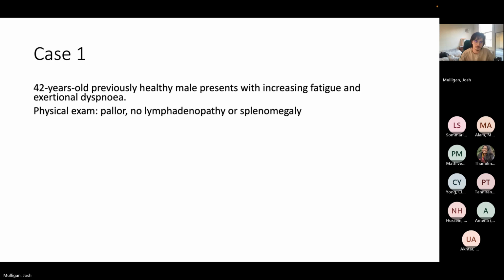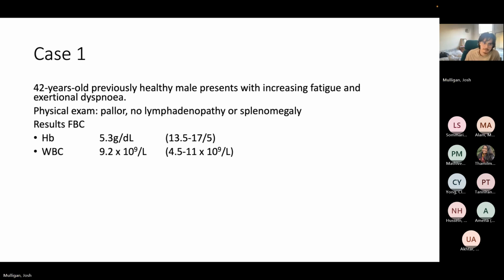So you do a full blood count. Okay. So this guy has low hemoglobin, so he's anemic. His white cell count is actually within the normal range. And his platelets are quite low indeed.